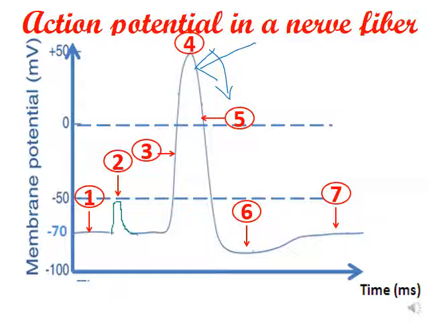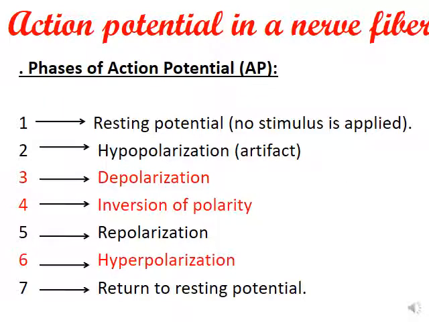Phase 6, hyperpolarization, increase in the negativity. And phase number 7 represents the returning to the resting state. So these are the different phases. As I said, number 1 is the resting potential where no stimulus is applied, number 2 is hypopolarization, which is called the artifact.